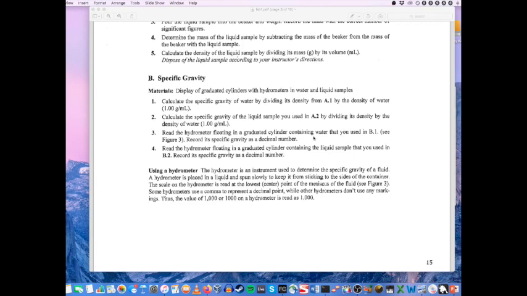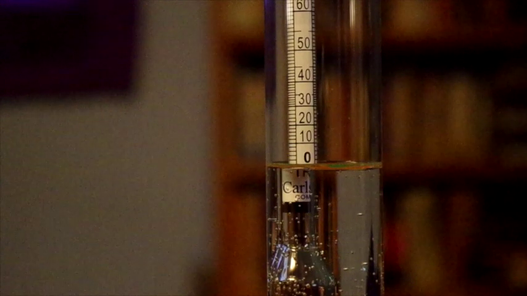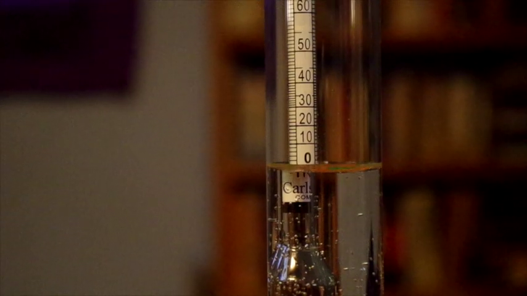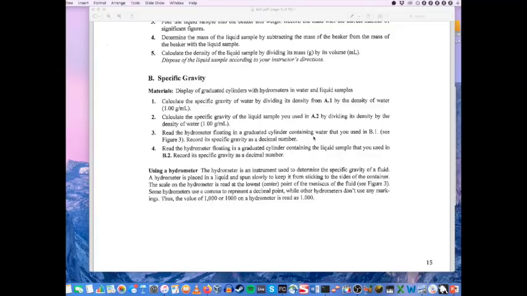So the first one is we're going to test it with water to make sure that this is functioning correctly. If you put the hydrometer into the water and let it stop bouncing around, then you see that the meniscus is aligned with the 0% marking, which means that it is 0% alcohol and 100% water.